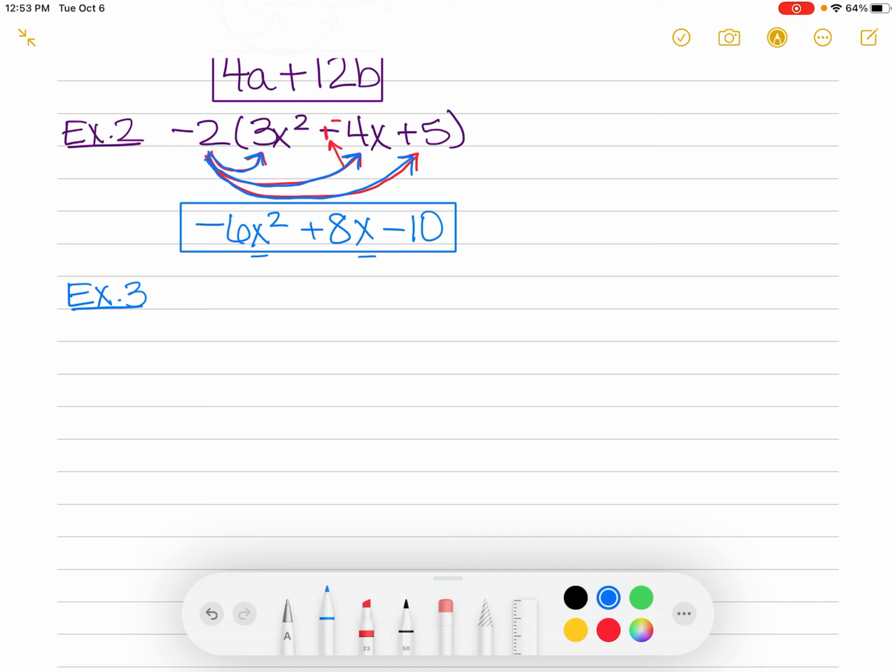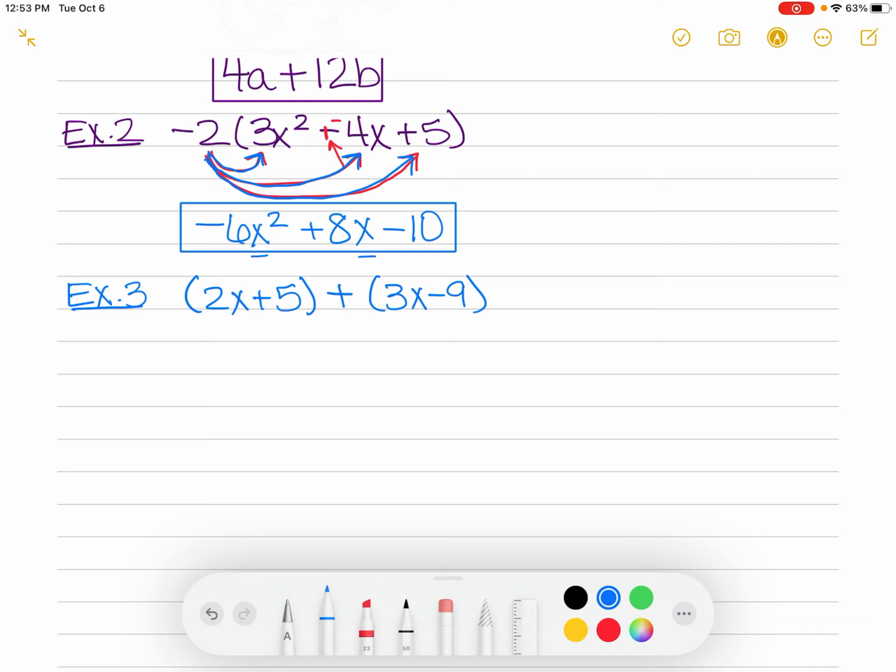In example 3, we're going to move on to a different type of problem. This one is not distributive property, and we're going to talk about why. I have (2x plus 5) plus (3x minus 9). Notice on this one, there's no number in front of the parentheses, so I do not have to do distributive property.